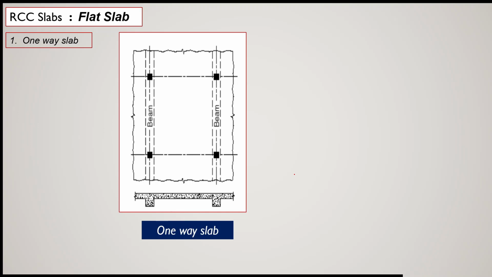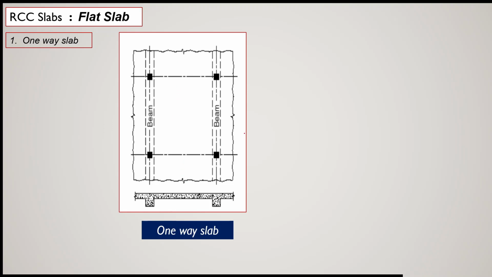Now this is the picture of a one-way slab. This is a slab section which is supported by beams, and these beams are supported by columns. In this picture you can see that there are two beams, and these beams are supported on 4 columns. You can clearly see here that beams are only in one direction.